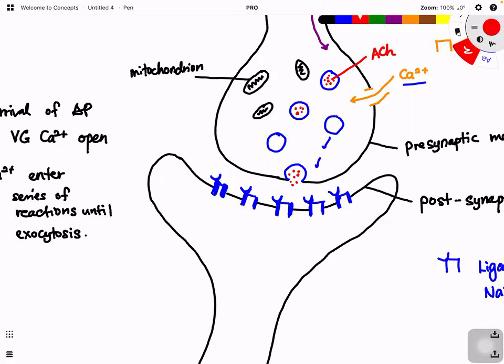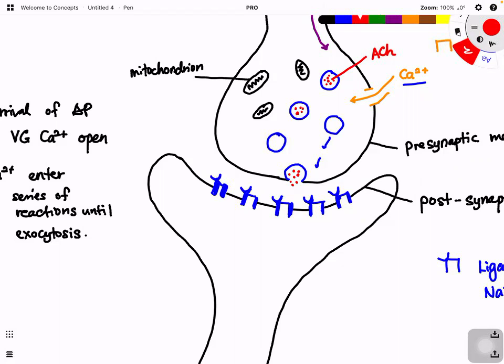Can you see that? When the calcium ions enter, the vesicle moves towards the presynaptic membrane, and the membrane of the vesicle fuses with the presynaptic membrane, releasing the neurotransmitter by exocytosis.